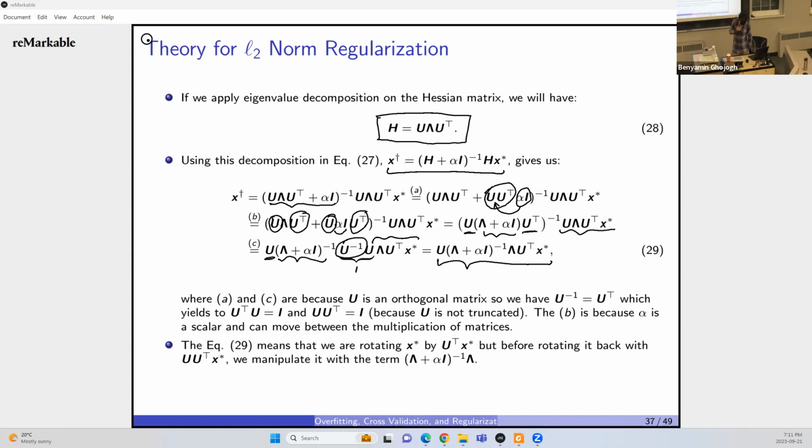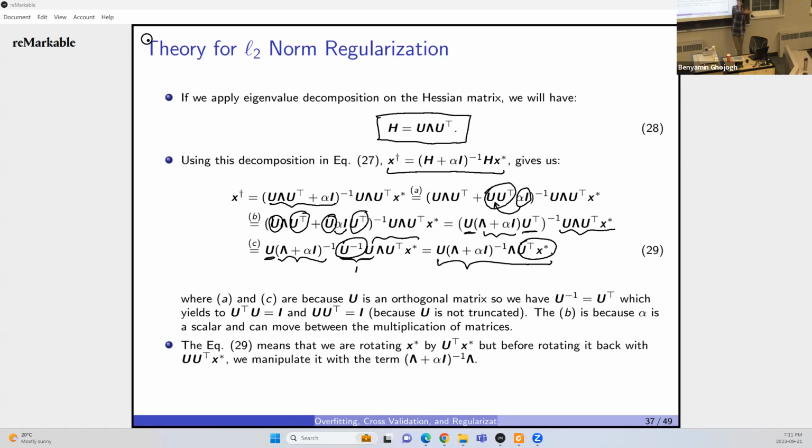Now, what were we saying? Okay, what are we doing here? Can you tell me? So what is U transpose X star? Do you agree that we are projecting X star onto the column space of U? But if we haven't truncated U, it means that we aren't projecting onto a subspace.